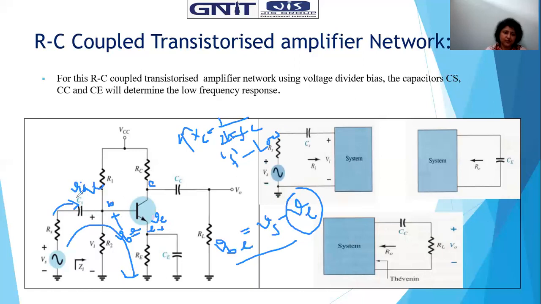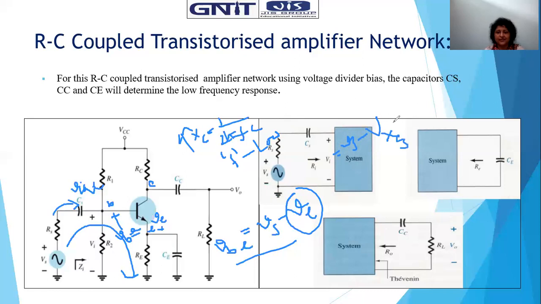Almost all the voltage will drop against those capacitors. With respect to CS, almost all the VS part will drop across CS, and VI is basically VS minus V of XCS.